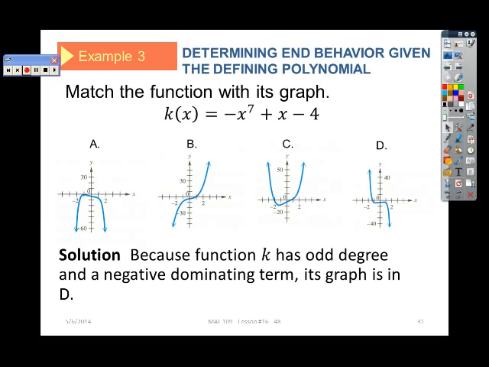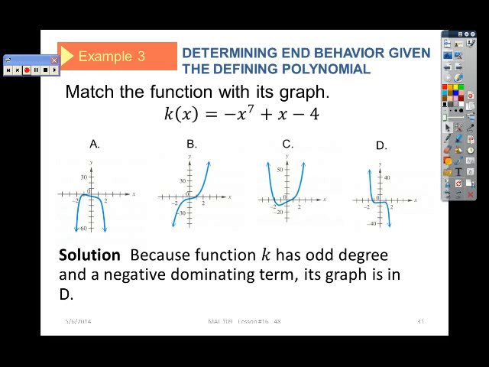Polynomial function should be written this way. And so in this form, how do you find the y-intercept? What's the value of the y-intercept of this function? -4. All you've got to do is look at this number right here. That's the y-intercept. So you don't have to do any calculation, and you can find that. You can't get it from here, but I think they all cross at -4.